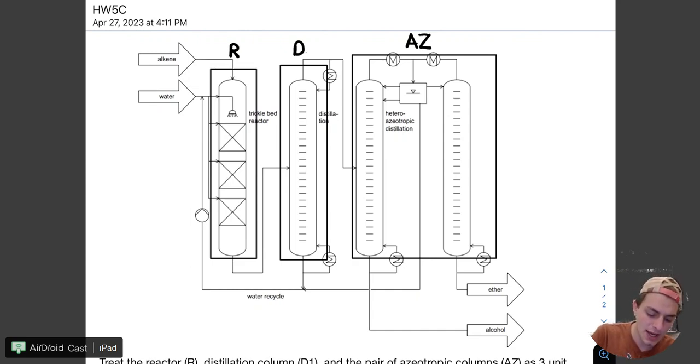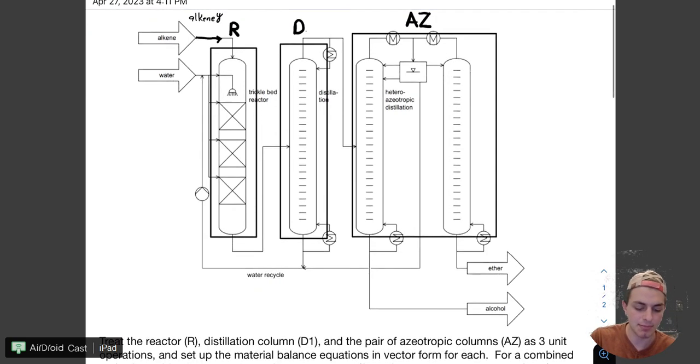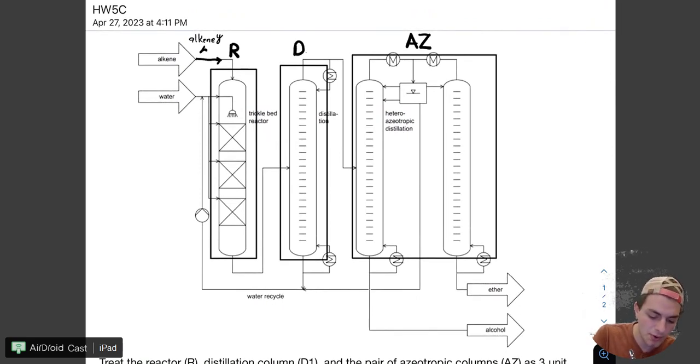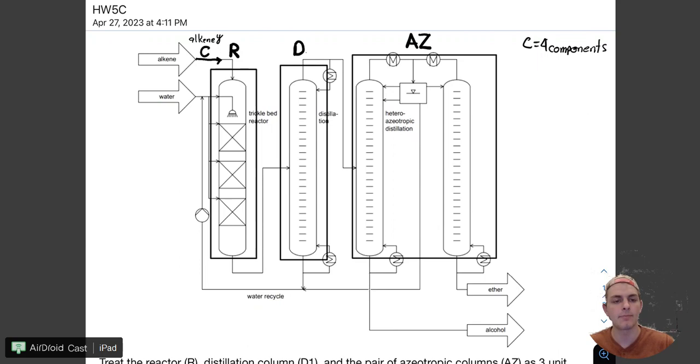So this is the alkene stream in, and we'll call this alkene Y, and it has all of its components associated with it. So that will be 4 different components. I'm going to put a C here for components, and we know that there are 4 components. We're trying to determine how many variables we're going to have right now.